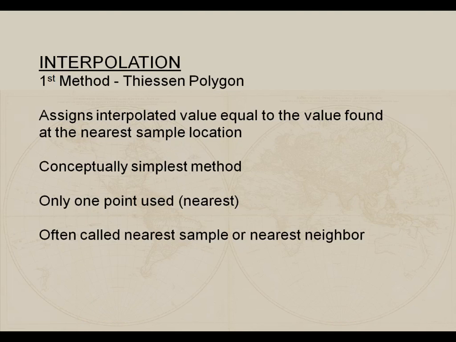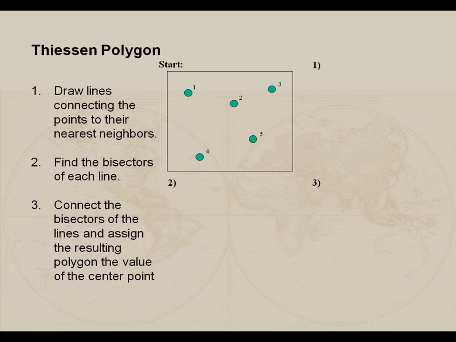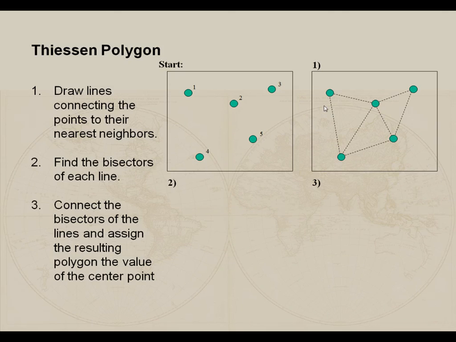The first one that you want to know about is the Thiessen polygons. This is often used for rain gauges. It's quite simple. It's referred to as the nearest neighbor. The basic idea with the Thiessen polygon is you start with the sample locations and you put a frame around it, and then you put temporary connecting lines between the sample locations that you'll erase later.